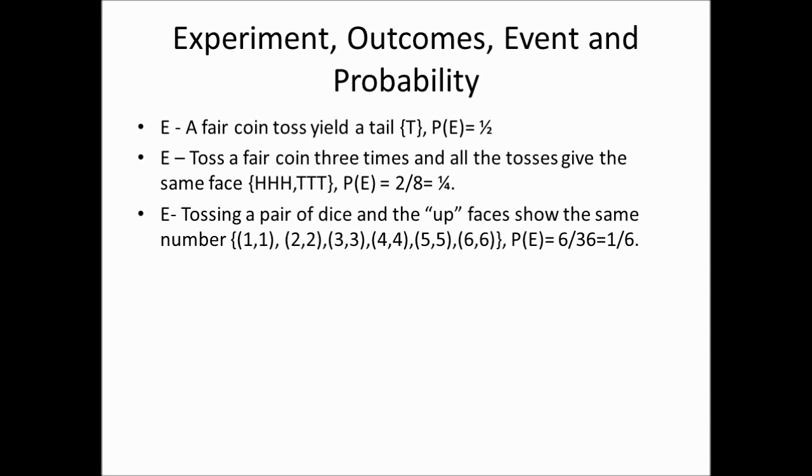Tossing a pair of dice and the up faces show the same number. In this case, as described before, we have 6 outcomes in the sample space that are favorable to this event. So the probability of this event will be 6/36 or 1/6.